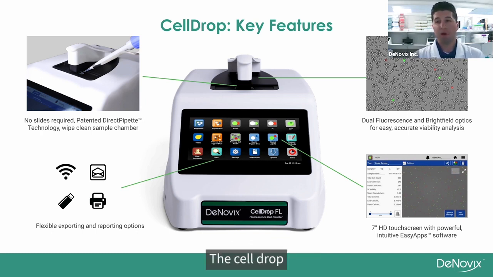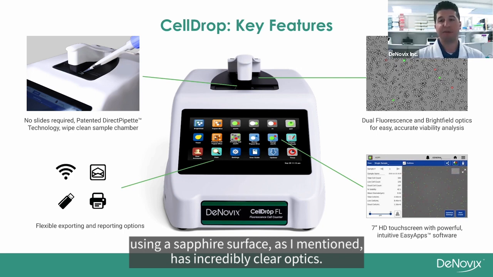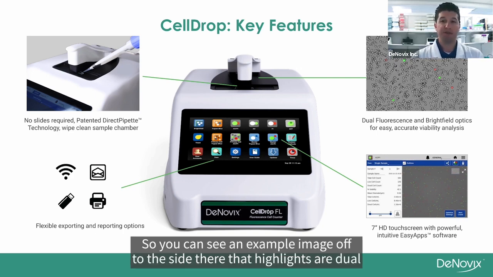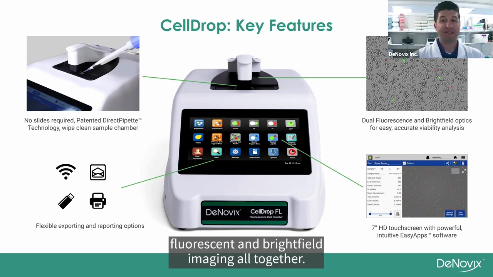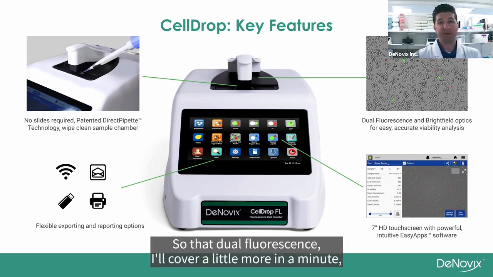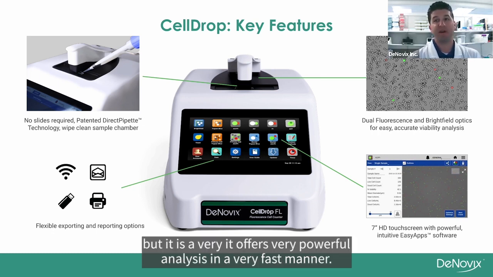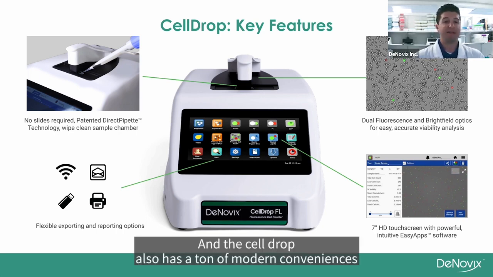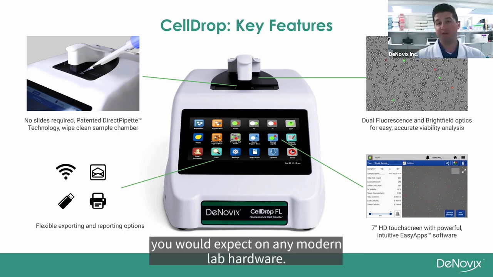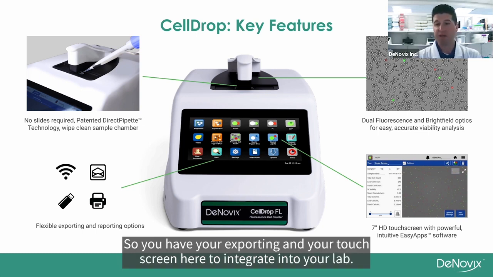The Celldrop, using those sapphire surfaces I mentioned, has incredibly clear optics. So you can see an example image off to the side there that highlights our dual fluorescent and bright field imaging all together. So that dual fluorescence, I'll cover a little more in a minute, but it offers very powerful analysis in a very fast manner. And the Celldrop also has a ton of modern conveniences you'd expect on any modern lab hardware. So you have your exporting and your touch screen here to integrate into your lab.